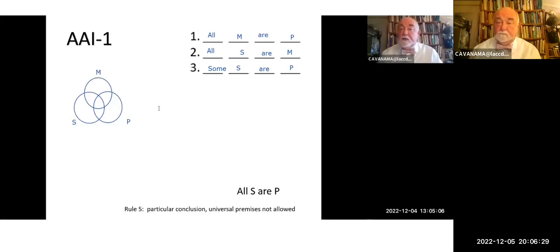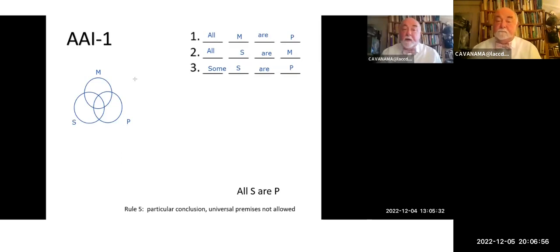We have two universals, doesn't matter which one we use. Okay. Oh yeah, right. So two universals. We're going to draw our diagram with a shade.